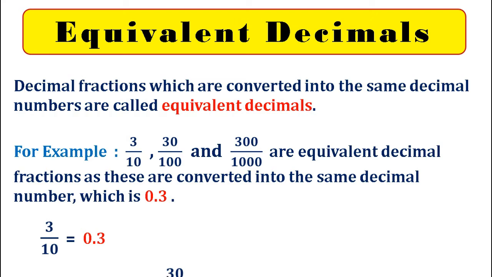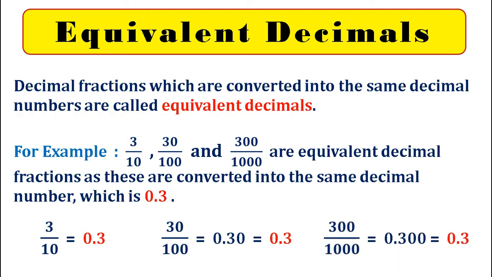When we converted the second decimal fraction, 30 by 100, we get the decimal number as 0.30. Since we have just now learned that we can omit a 0 which is present at the extreme right of the decimal point, as it will not affect its value, so 0.30 can also be written as 0.3.